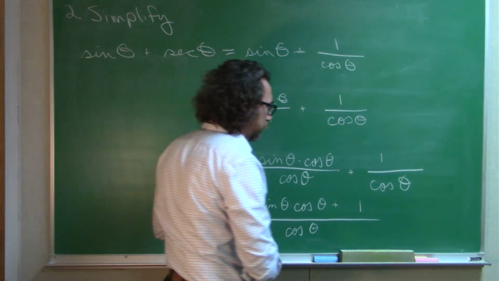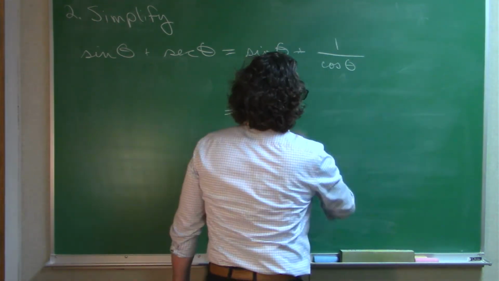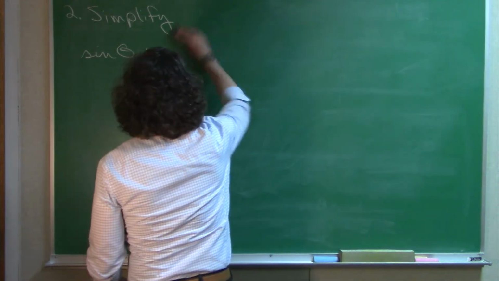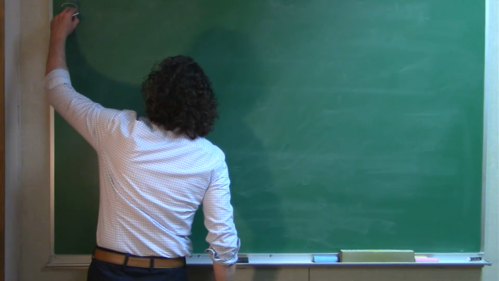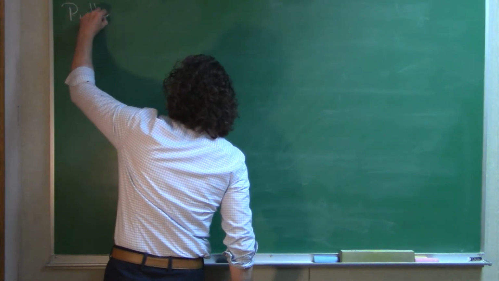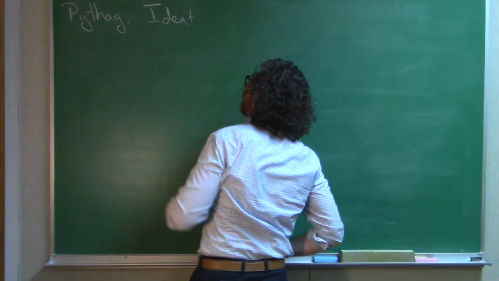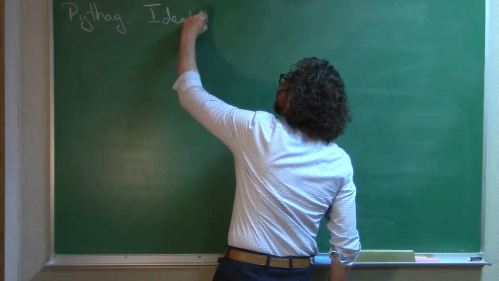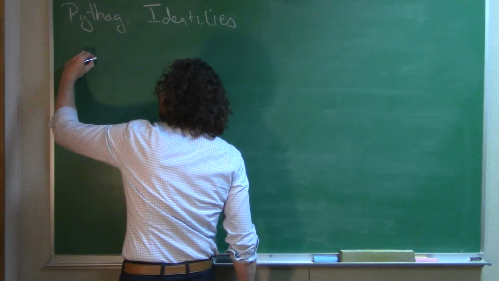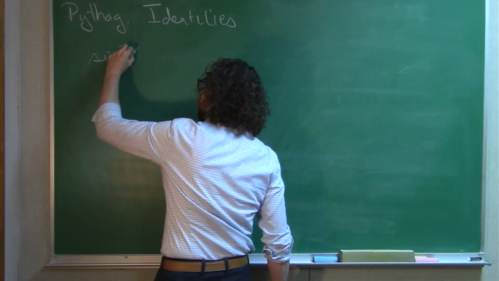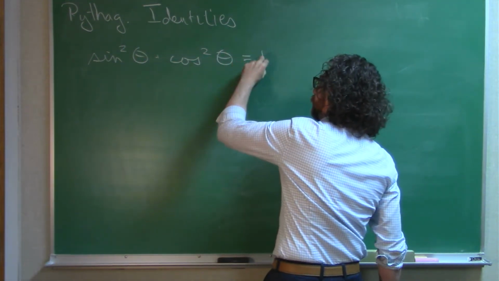I want to do a couple of examples that involve the Pythagorean identities. You'll remember those from a previous video. So first one was like this: sine squared theta plus cosine squared theta equals 1.